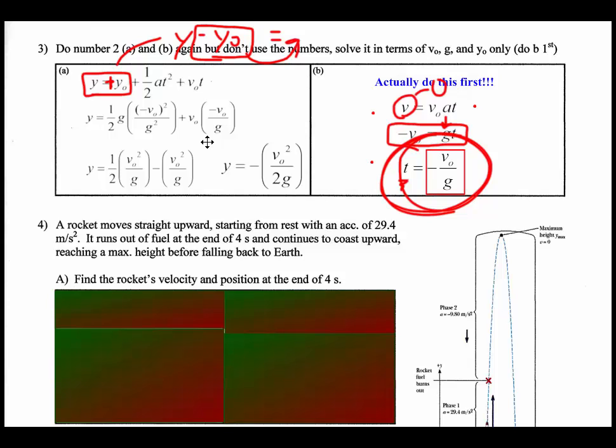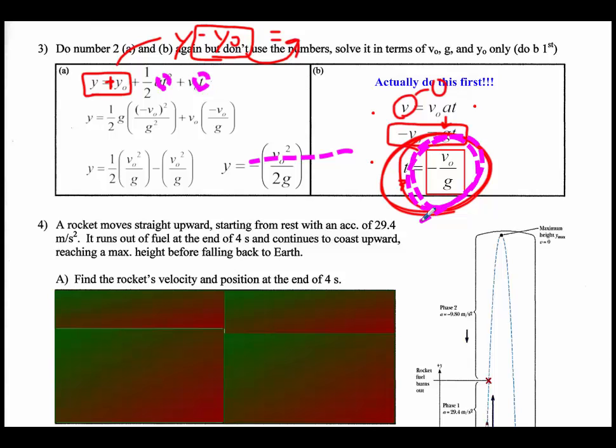So this is where it gets crazy. Hopefully they won't make us do too much of this stuff. Substituting everywhere that it says time, where we have time right here and time right here, we have to put in the statement of negative V0 over g.